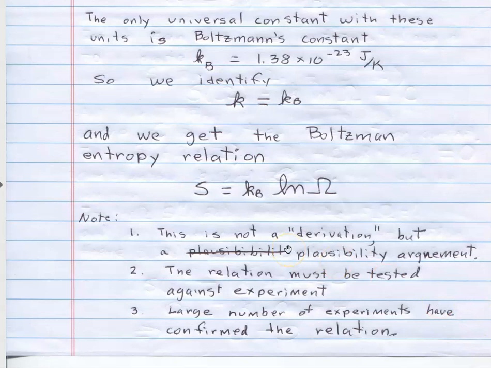Note, this is not a derivation. I put that in quotes. It's certainly not in the mathematical sense or even in a rigorous sense for physics or chemistry. It's really a plausibility argument. It seems pretty reasonable, but ultimately it's a relation that has to be tested against experiment.